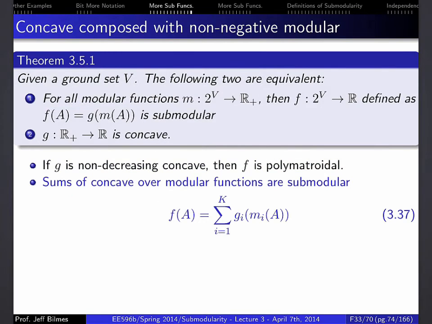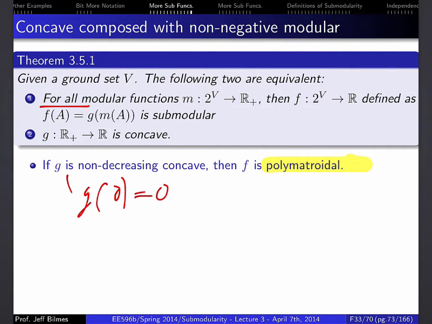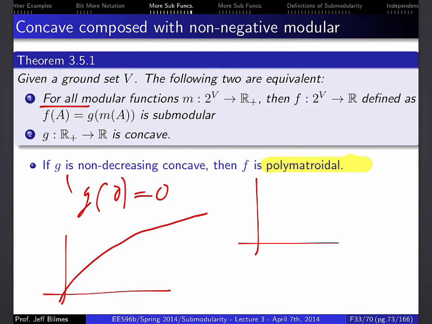When you say G is non-decreasing concave, you just mean... No, I mean it's non-decreasing concave. We're trying to be precise: rather than saying it's an increasing concave function, we're saying it's a non-decreasing concave function. So this would be an increasing concave function.